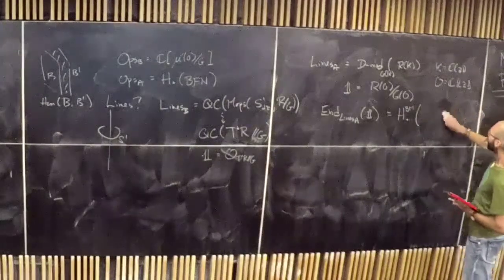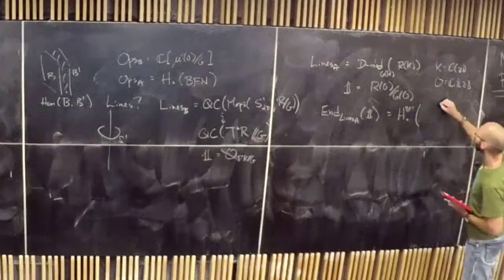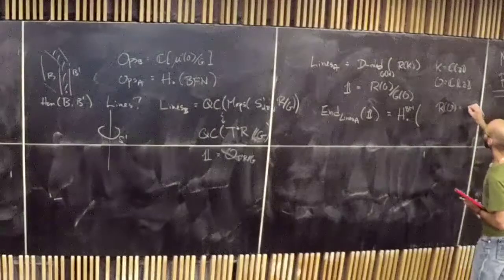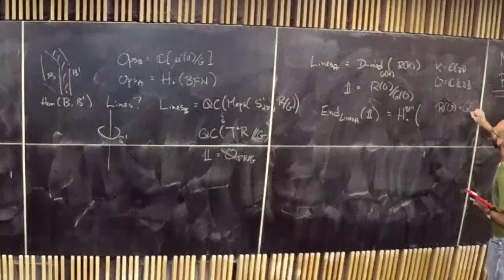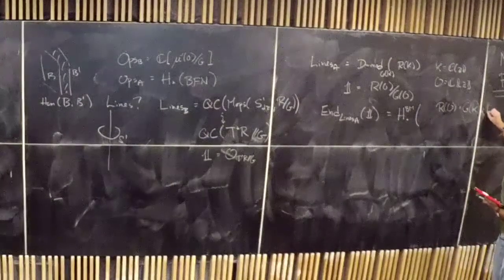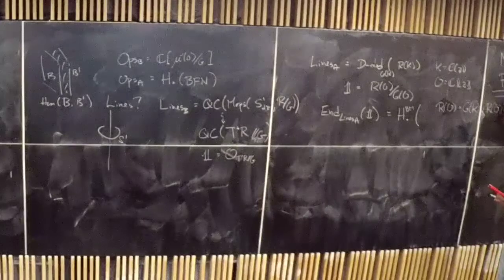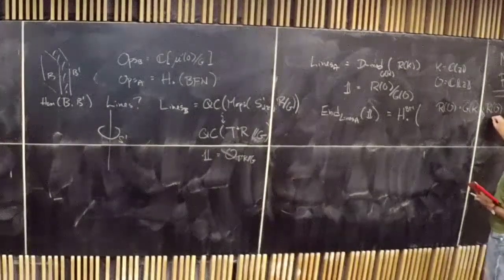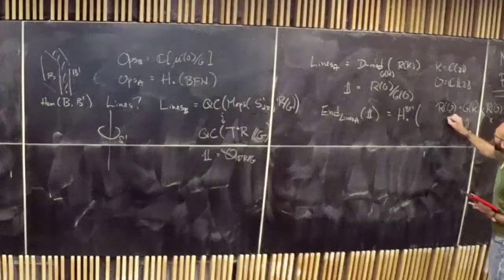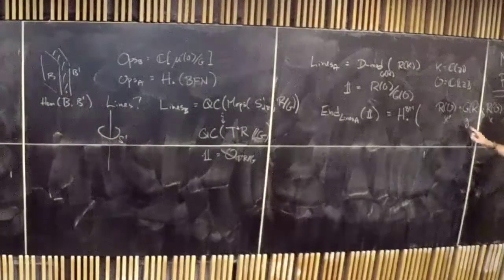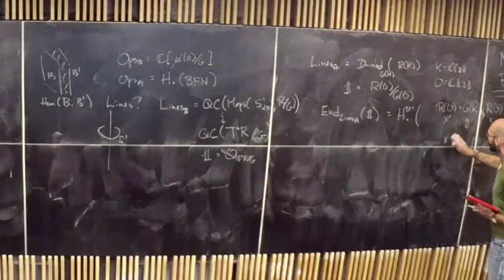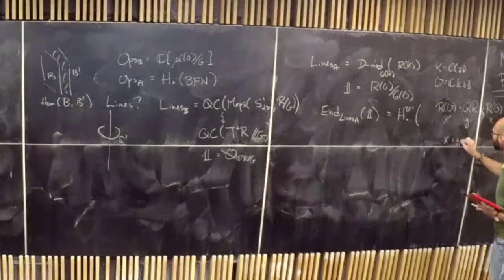The BFN space is two copies of R of O and a copy of G of K, with a restriction. I call these elements x, g, and x prime. X prime is g times x.